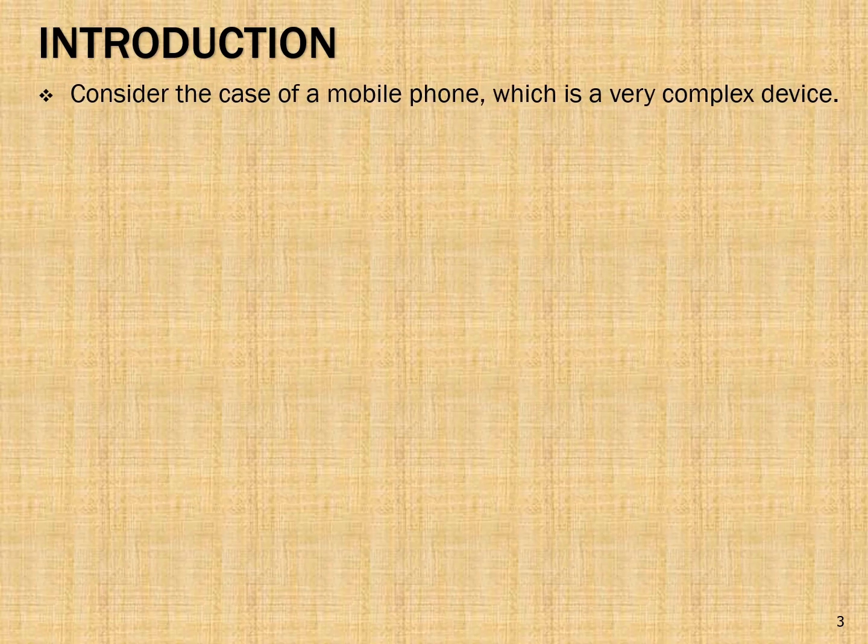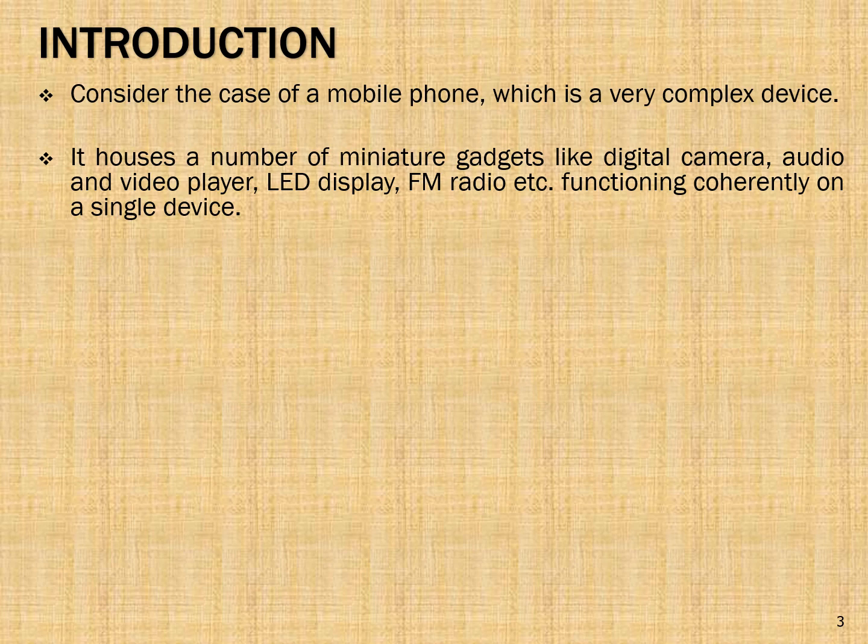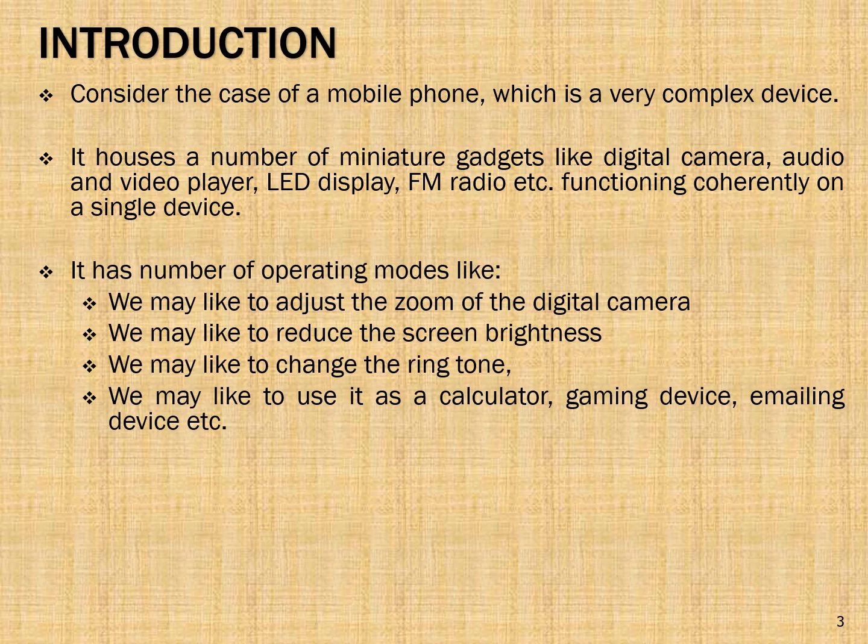Consider the case of a mobile phone, which is a very complex device. The mobile phone, which you also call a smartphone, houses a number of miniature gadgets like digital camera, audio and video player, LED display, FM radio, etc., functioning coherently on a single device. This device has a number of operating modes. We may like to adjust the zoom of the digital camera, so the camera works in different modes.